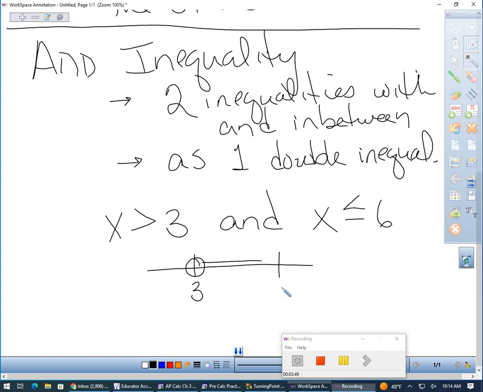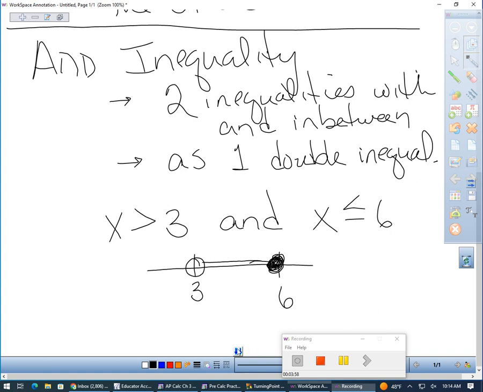At 6, it is less than or equal to, so that would be a closed dot, and it goes this direction. You will notice for all and problems, the solution set is sandwiched in the middle. This is where all of your solutions fall, right in the middle between the numbers.